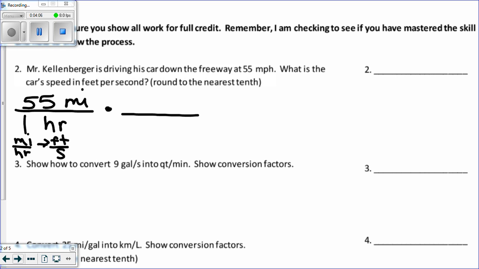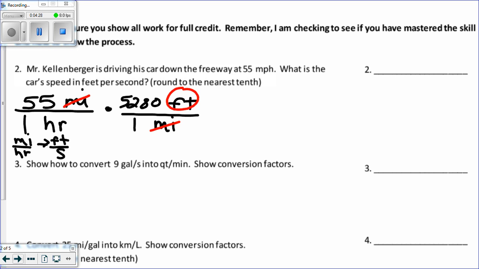So looking at this, I'm going to put miles on the bottom because I want them to cross cancel with 55 miles at the top. And 1 mile has 5,280 feet. That works out nice because miles cancels out and we're left with feet.